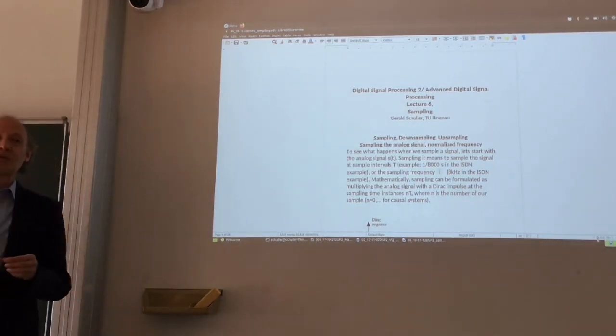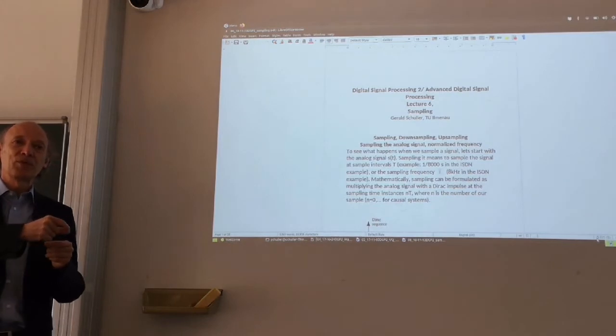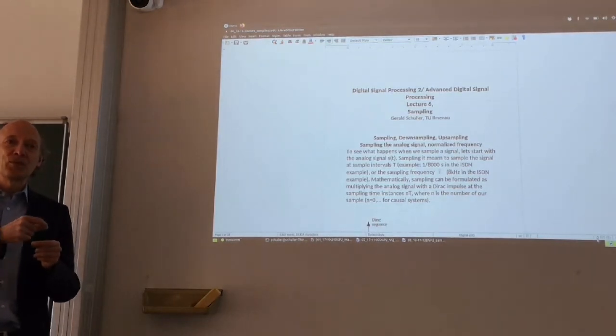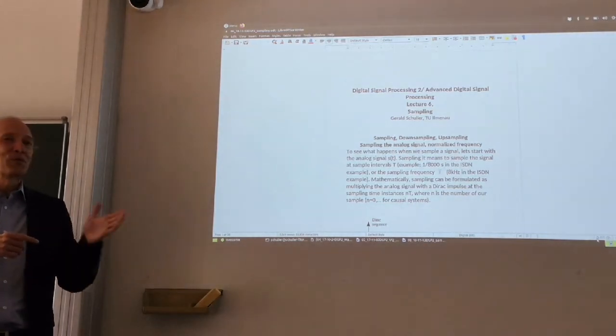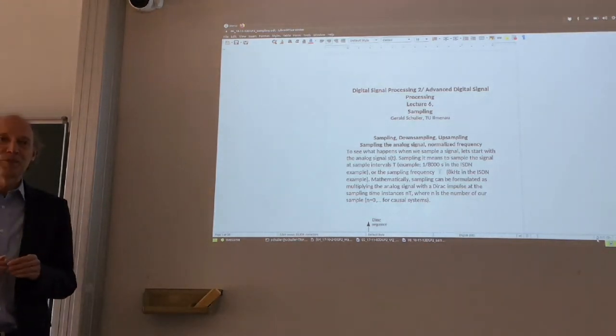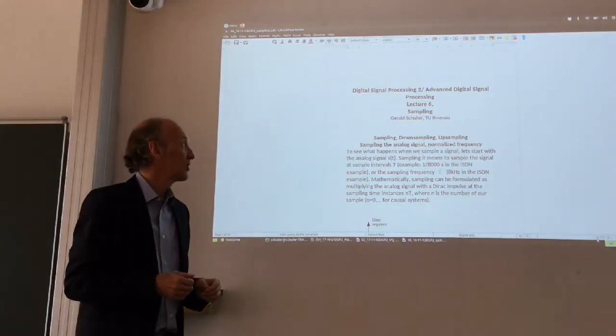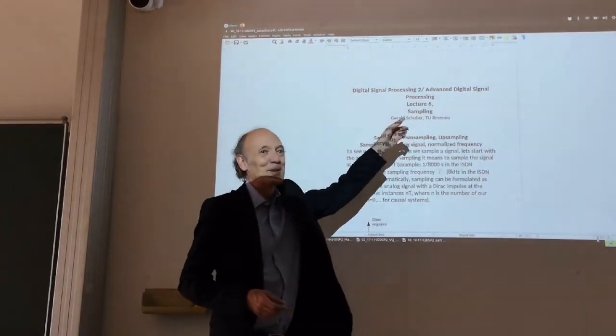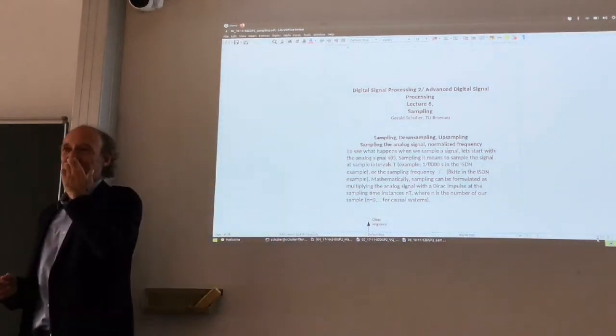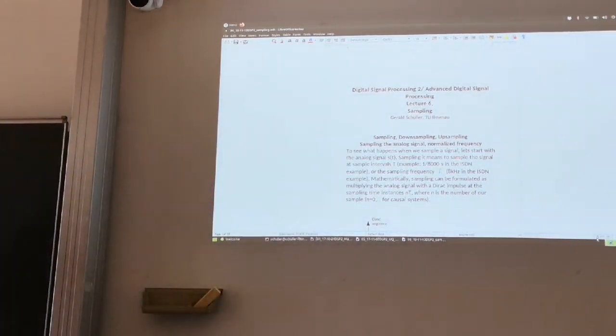No, you're given the samples. You cannot scale it. You have a certain number of samples, and at this point, you cannot change it anymore. Basically, you can change it when you do the sampling, which is the next topic. Right? You would change the sampling rate, then you could scale the x-axis.